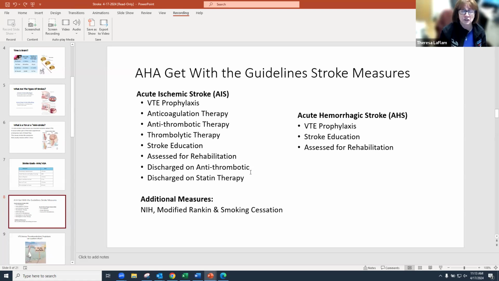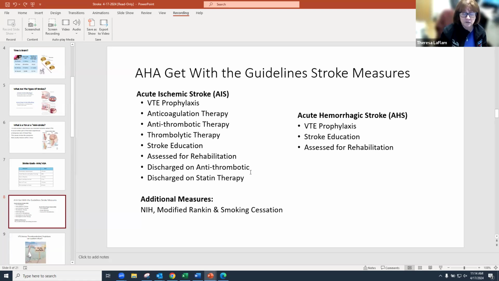And that's our Alteplase or our Tenecteplase. But if the patient is not a candidate for thrombolytic therapy, the physician or provider must document why. So either they are a candidate and we're going to get that medication into them, or they're not, and they have to say the reason why. Our number one reason is the patient cannot receive thrombolytic therapy because they did not arrive to the hospital in time. So in other words, they were outside the window of treatment, which is that 4.5 hour window.